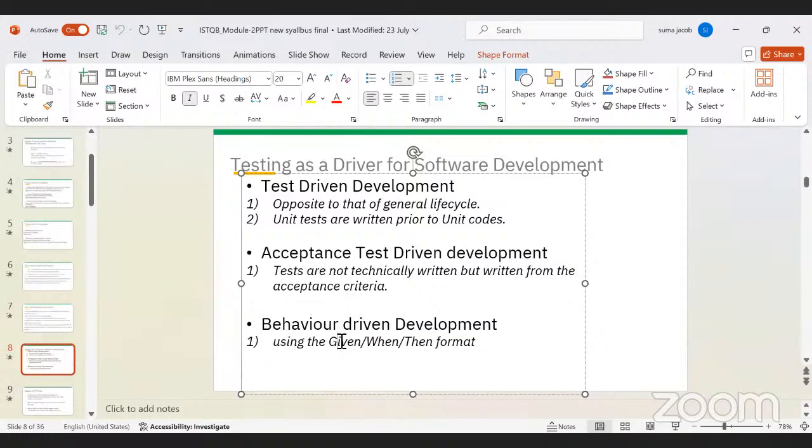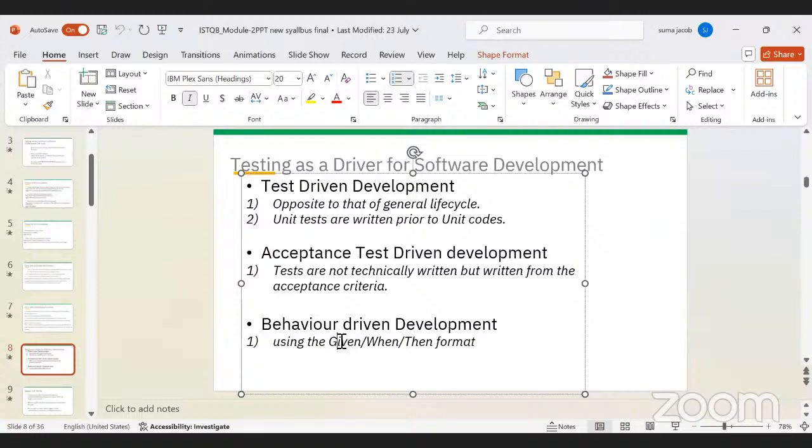So we have a language called Gherkin, which is in the given-when-then format. So given certain expectations or prerequisites, when a user performs these actions, then this is what should happen. So we can translate this given-when-then format into programmable executable test scripts, and then the development will happen on top of it.